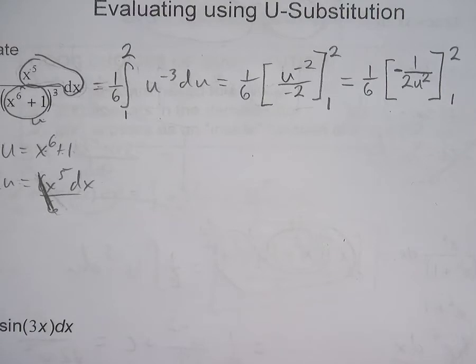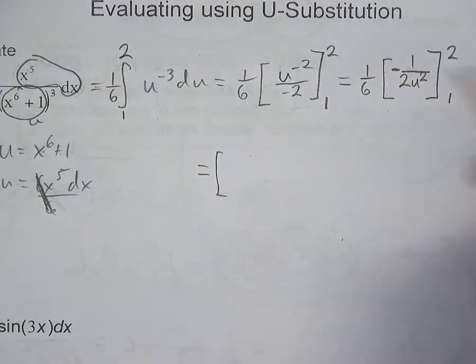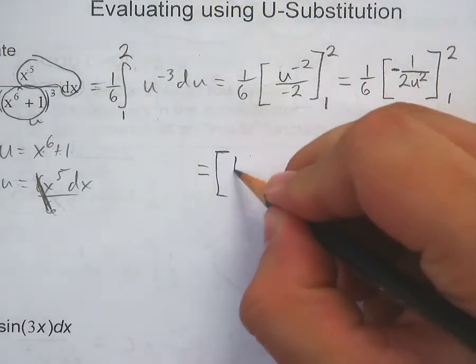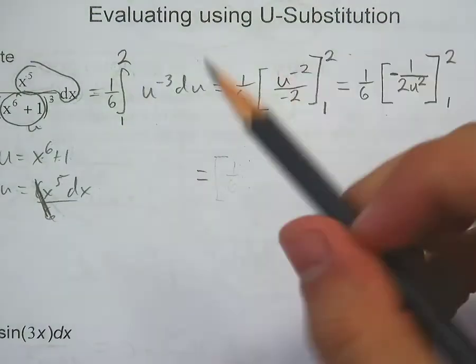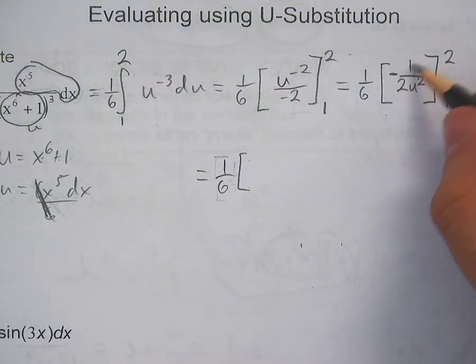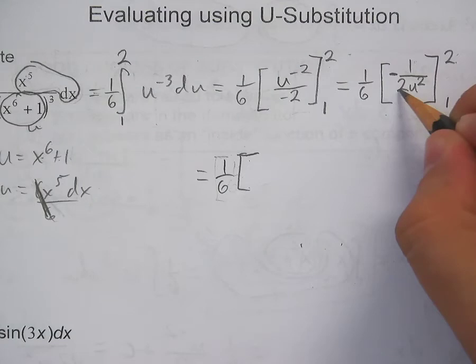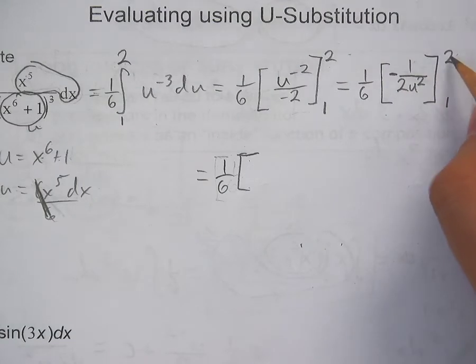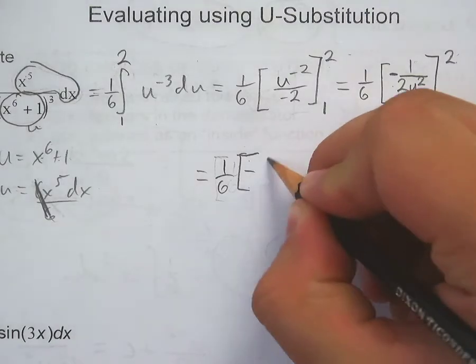So let's figure out what this is going to be here. Pulling this out, I got a 1/6 here. Let me put the 1/6 where it needs to go, outside of the brackets. 1 over 2u squared. So plug in your 2, f of b. So this will be, what will this be? 2 squared is 4 times 2 is 8, so negative 1/8.